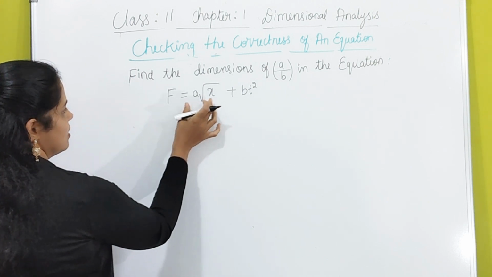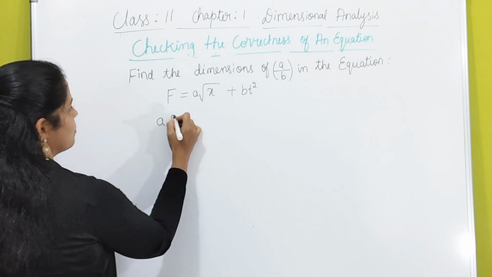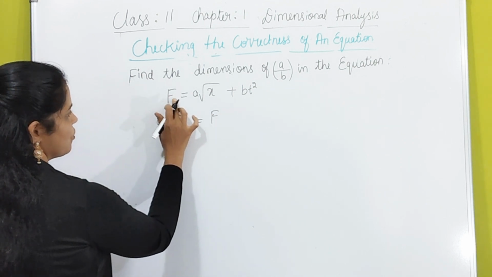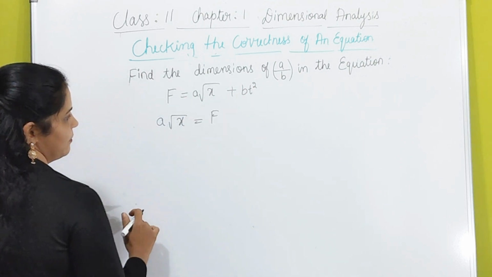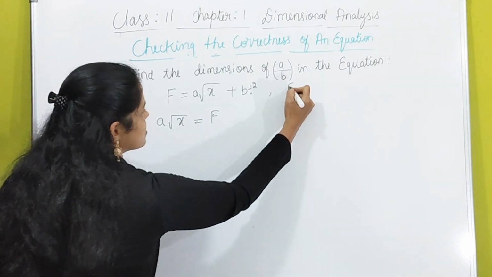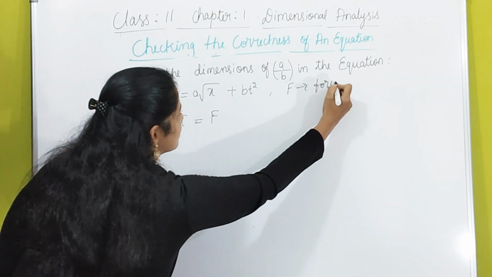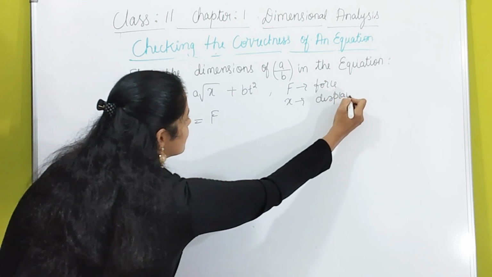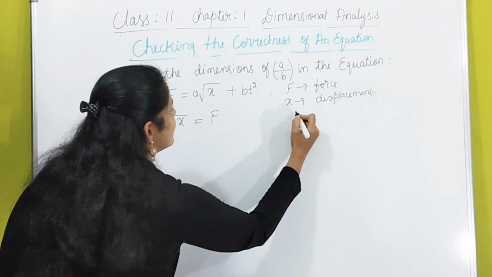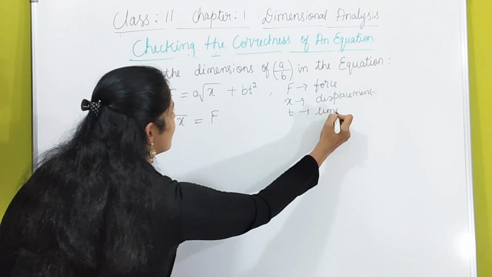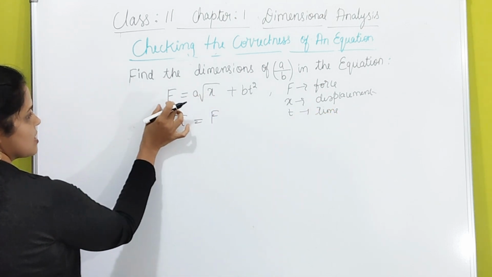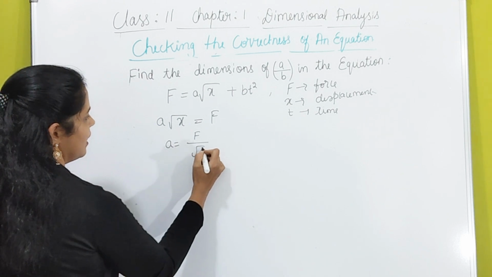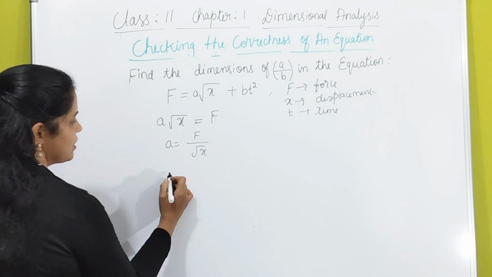So, as I mentioned, here A into root x should be equal to F, where F is force, X is distance or displacement, and T is time. So each term must be equal to force only. Therefore A can be written as F divided by root x. How to find dimension of A?